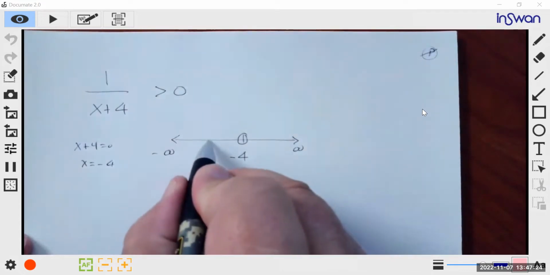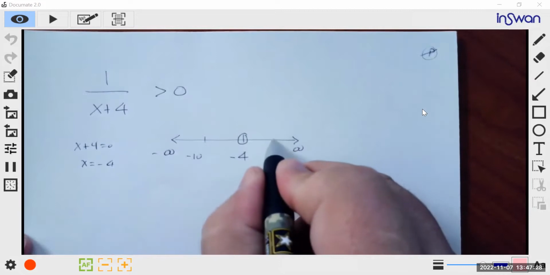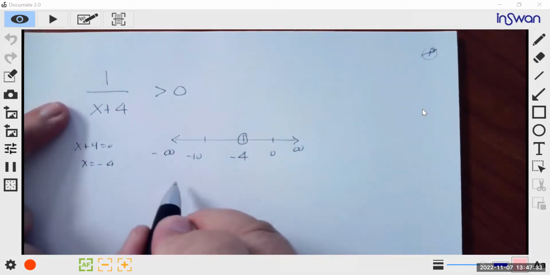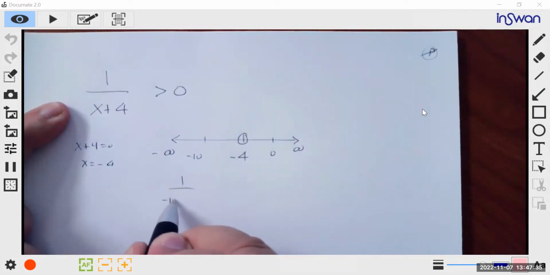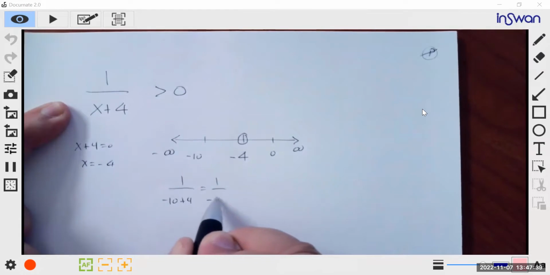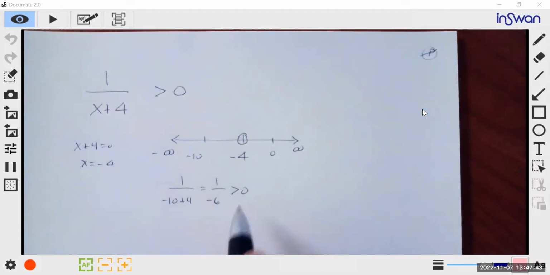So now let's check the left numbers. Let's try -10 and then 0. 1 over -10 plus 4 is 1 over -6. Is 1 over -6 greater than 0? Well, no, it's not, because it's negative.